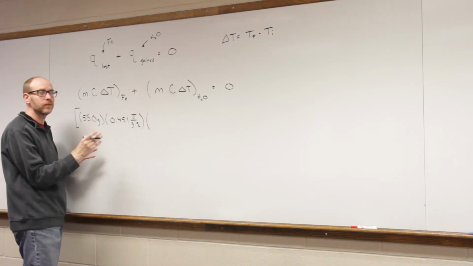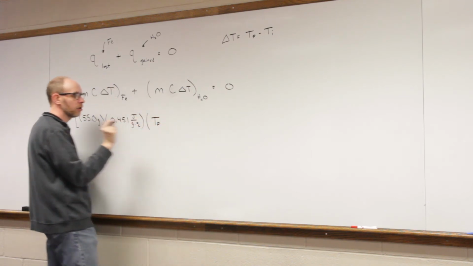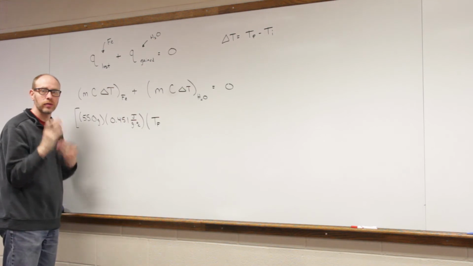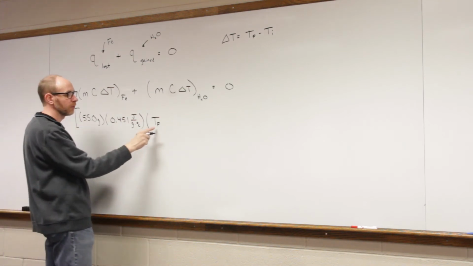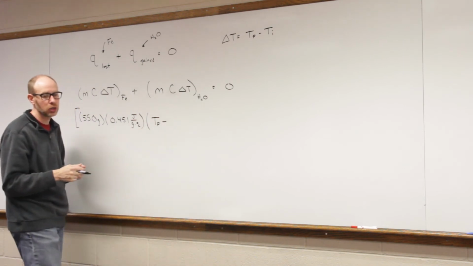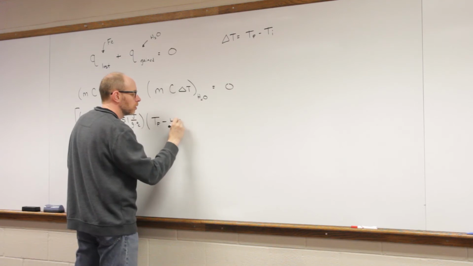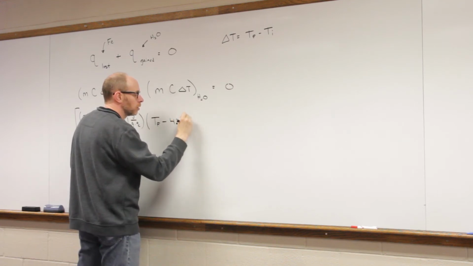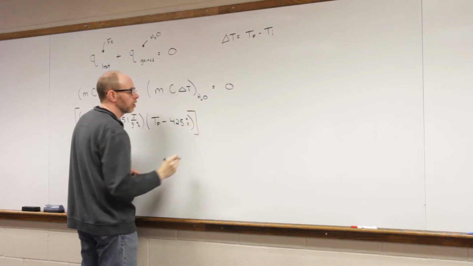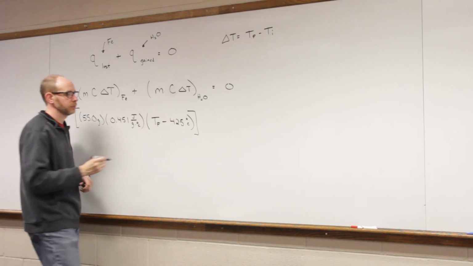We don't know what the final temperature is, but we do know that the iron and the water will end up at the same temperature. That's why we call it thermal equilibrium. So we've got our final temperature. We just need to subtract from that the initial temperature of the iron, and that's 425 degrees C. And all of that business right there has to do with the iron.